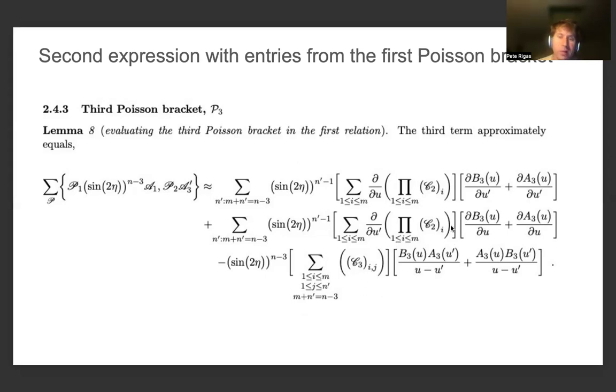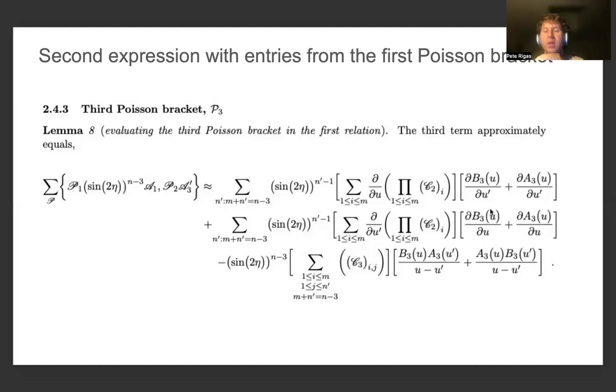But it's also different in that rather than just adding these two terms, we also have other terms which appear, which are adding the derivative of either B3 of U with respect to U prime or A3 of U with respect to U prime, as well as B3 of U with respect to U or A3 of U with respect to U, as well as different prefactors of the sine of 2 eta terms which appear.